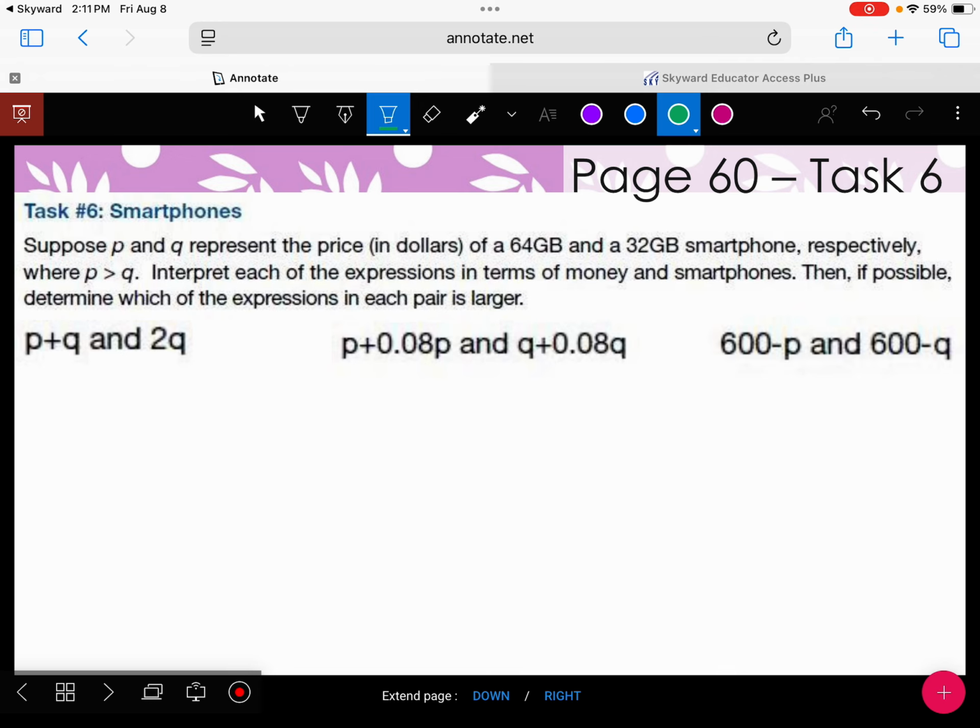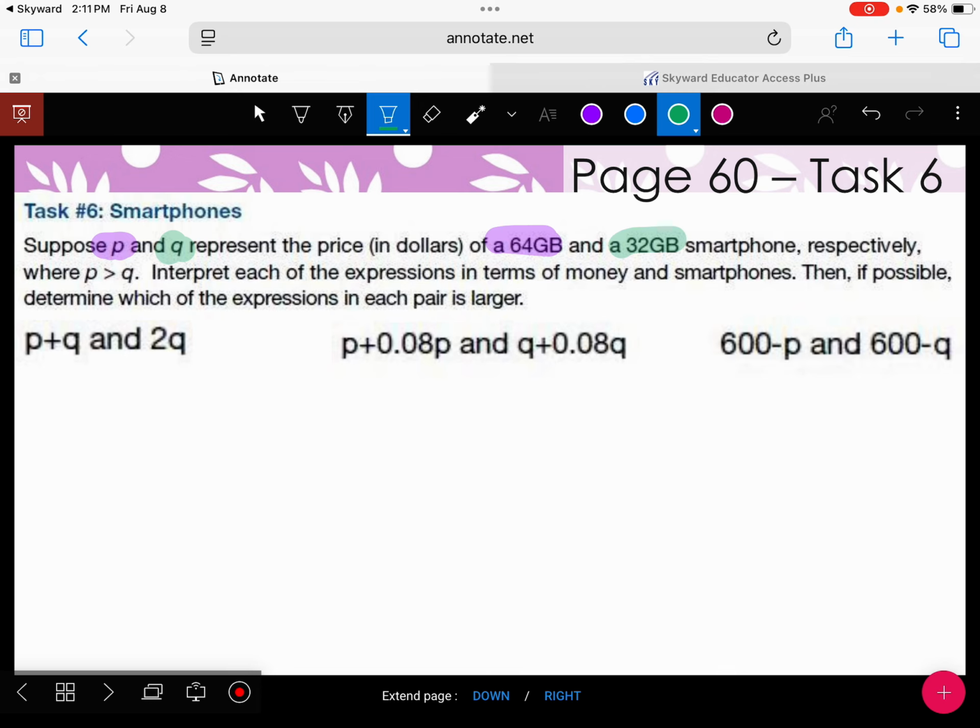So if we have here, P and Q are representing the price of 2 phones. And they're telling us here that P is a 64 gig phone. A little small for nowadays, but when they printed the book, that was pretty big. And that Q is 32 gigs. Again, anymore, that's kind of a basic phone, but back in the day, that was really big.